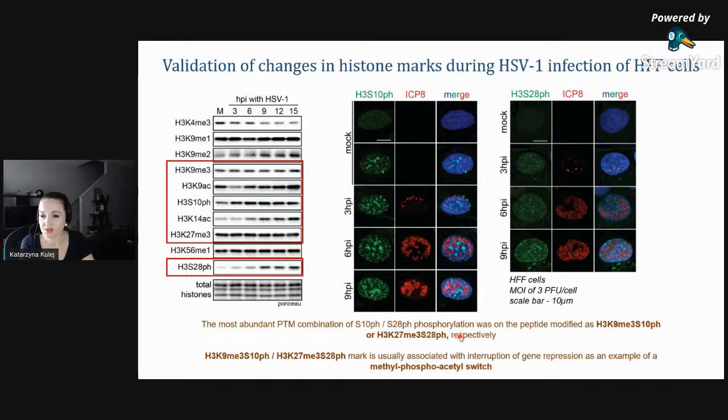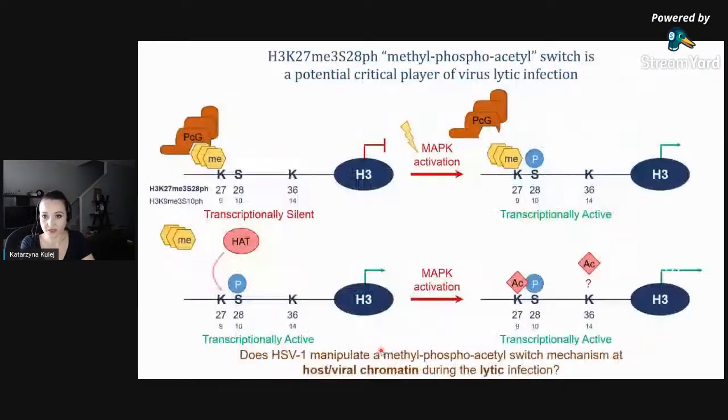And this is very interesting because they are an example of a process known as a methyl-phospho-acetyl switch, and I will just explain what it means. Because I'm more interested in S28, I will explain this primarily on the H3K27 trimethyl S28 peptide, but below you have the corresponding residues for the S10 peptide.